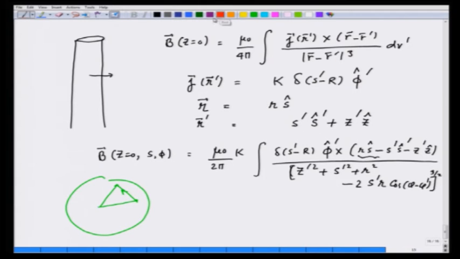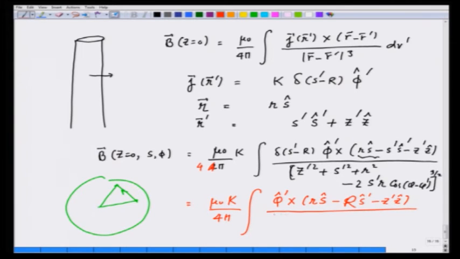So, I can do the s prime integral right away and write this as mu 0 k over 4 pi integral phi prime cross r s minus s prime, which will now become R s unit vector, minus z prime z unit vector, divided by z prime square plus r square minus 2 R r cosine of phi minus phi prime raised to 3 by 2, and I am left with only d phi prime R times dz prime, the volume integral.